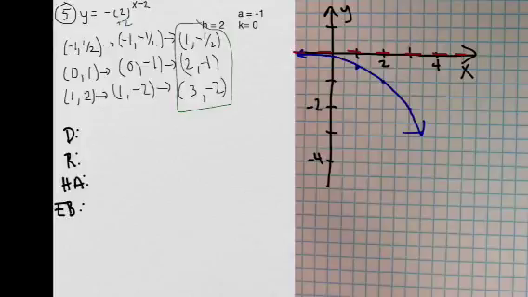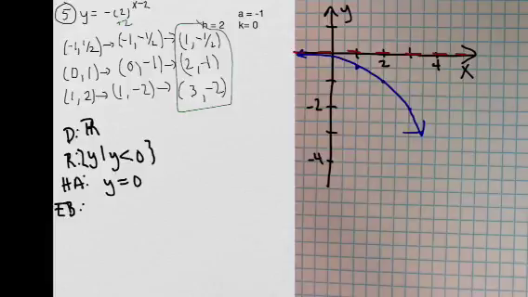Domain, it's an exponential, so it's all reals. Range is all y such that y is less than 0. And horizontal asymptote is y equals 0. And then the end behavior, remember we're looking at what happens on this end and what happens on this end of the function.